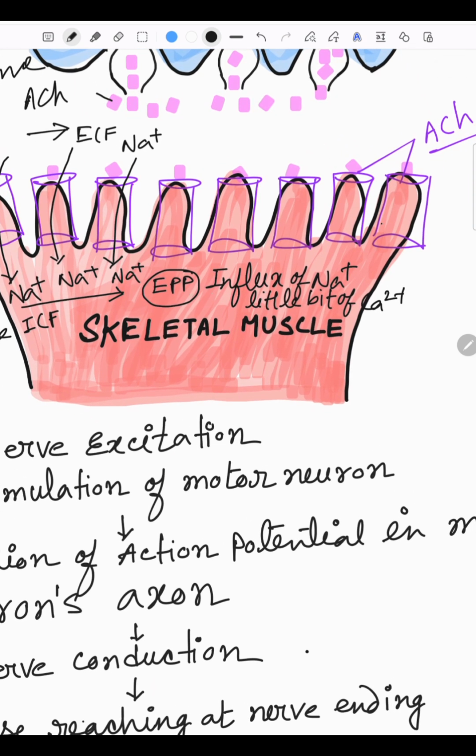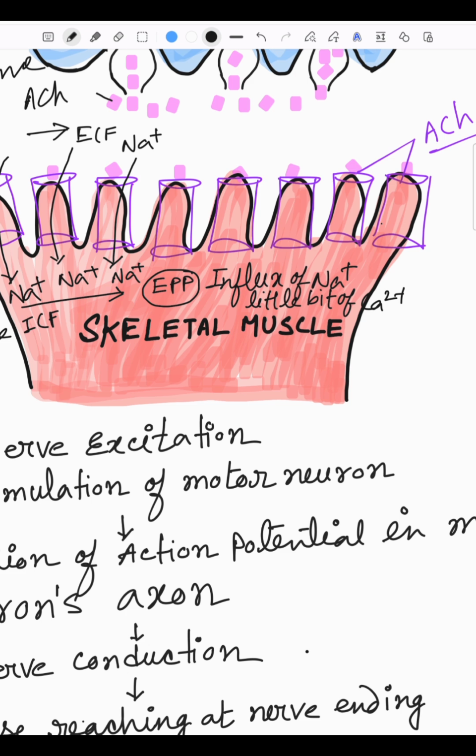For the EPP, our voltage sensitive sodium channels open, and it causes a lot of sodium influx that causes the depolarization of the skeletal muscle membrane and generation of action potential, and that causes the opening of T tubules and release of calcium from the sarcoplasmic reticulum.